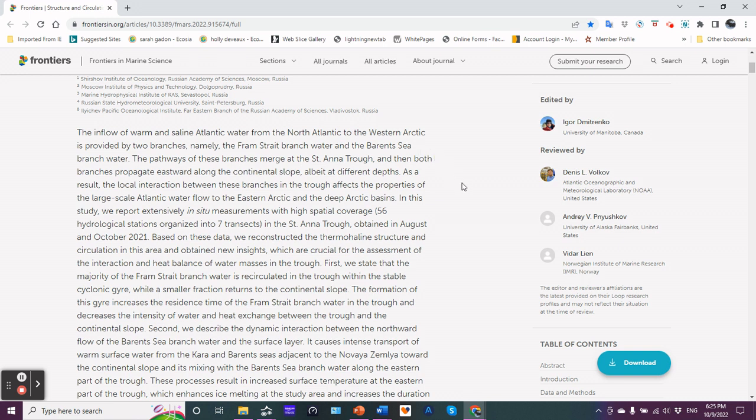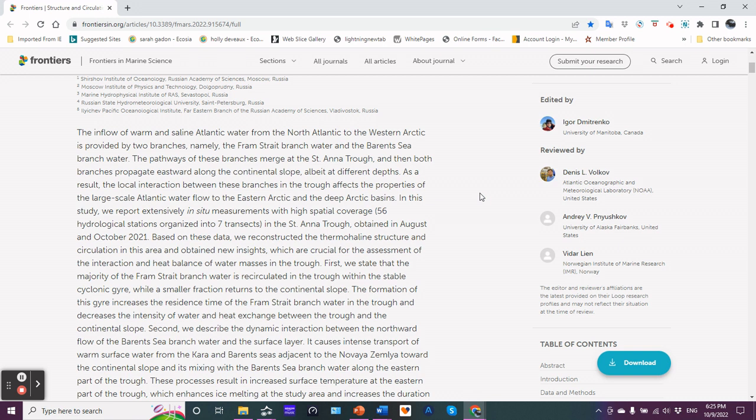So you see those acronyms throughout the paper. The pathways of these branches merge at the St. Anna Trough, and then both branches propagate eastward along the continental slope at different depths, however.